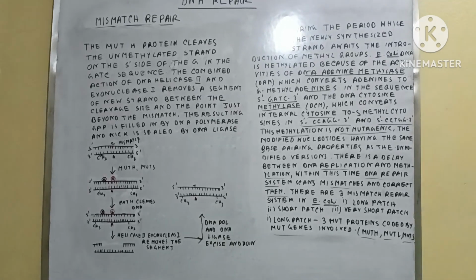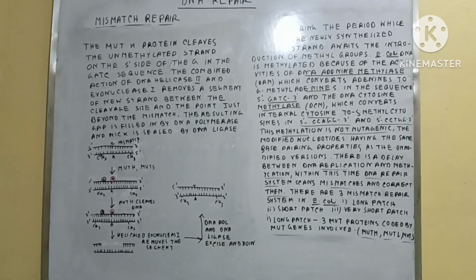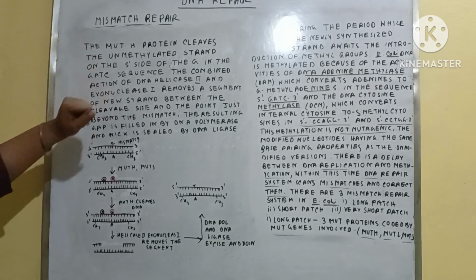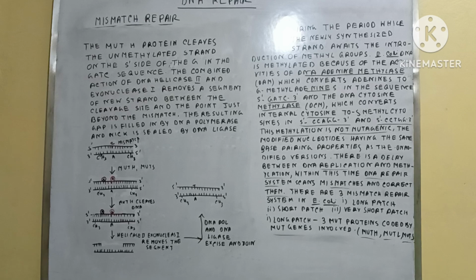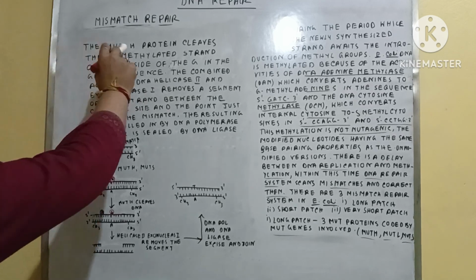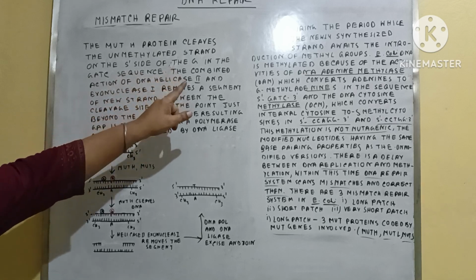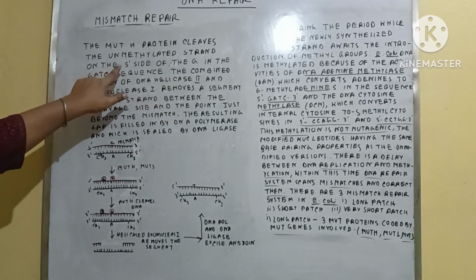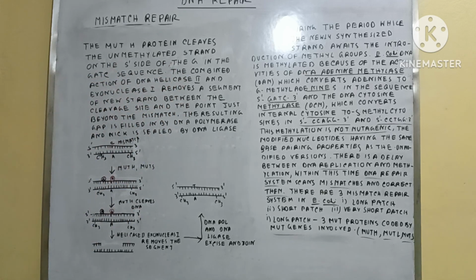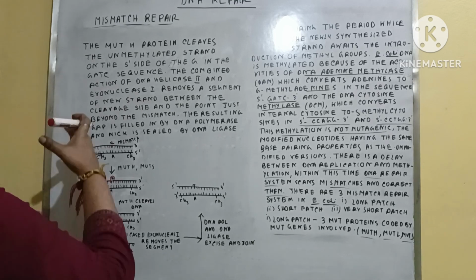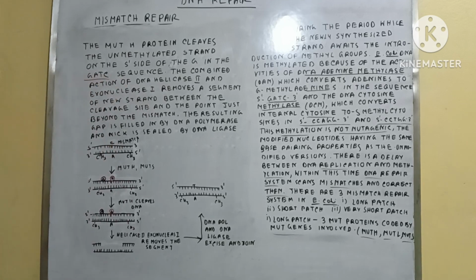Okay, so here this is the rough diagram, and what is the role of MutH and MutS? Okay, so the MutH protein cleaves the unmethylated strand on the, sorry, not S side, it's the 5 prime side of the G in the GATC sequence, and the combined action of the DNA helicase.